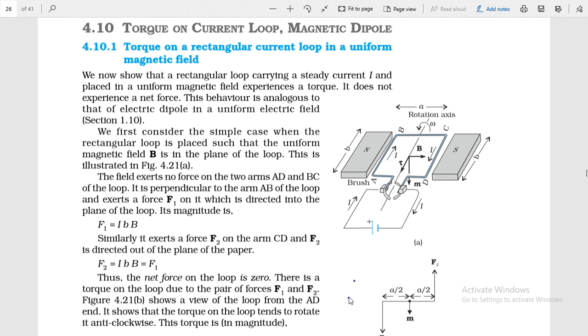I hope you remember the definition of torque. Mathematically, torque is equal to the magnitude of force times the perpendicular distance between the axis and the point at which force is acting.